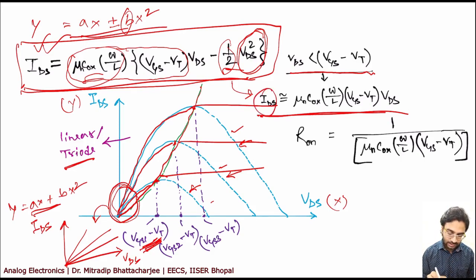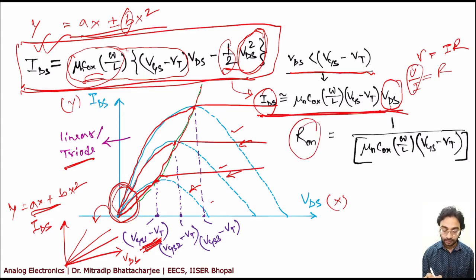So your IDS is linearly related to VDS, and from here if you calculate, V equal to IR, the resistance is V by I. So VDS by IDS will give you Ron. You remember this expression as well. This is providing you the resistance in the linear region: 1 by mu n Cox W by L (VGS minus VT). So it depends on the VOV.